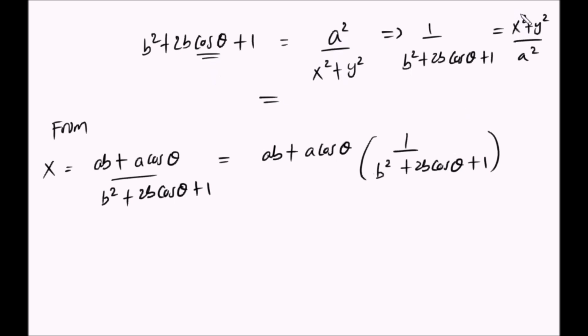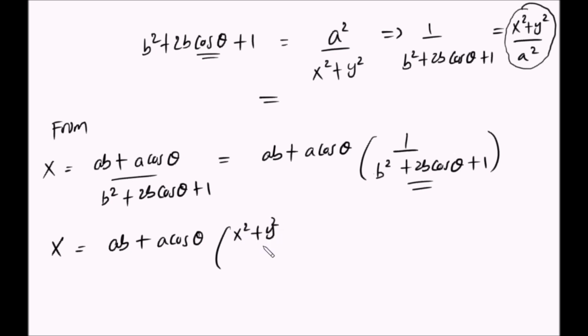Kwa hiyo hii sasa x squared hii tuipachike hapa. Kwa hiyo kumbe x ni sasa na ab plus what? Plus a cos theta times x squared plus y squared over nini? A squared.